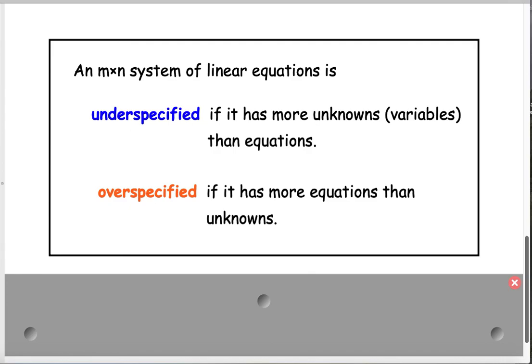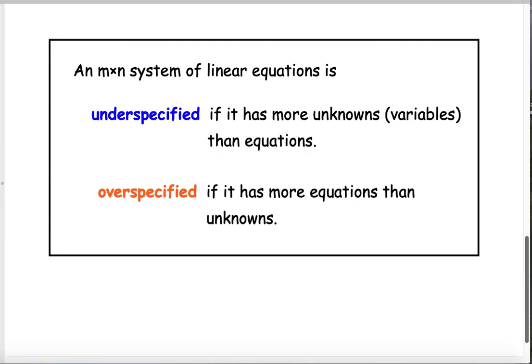And if 2 of them are parallel, there's going to be no solution. If they all intersect at a point, we'll get a point for a solution. If all 3 happen to be the same line, we get infinite solutions. So it's good, I think, to have a geometric perspective as we deal with this. Okay, so that ends part 1, and then you can go on to part 2.